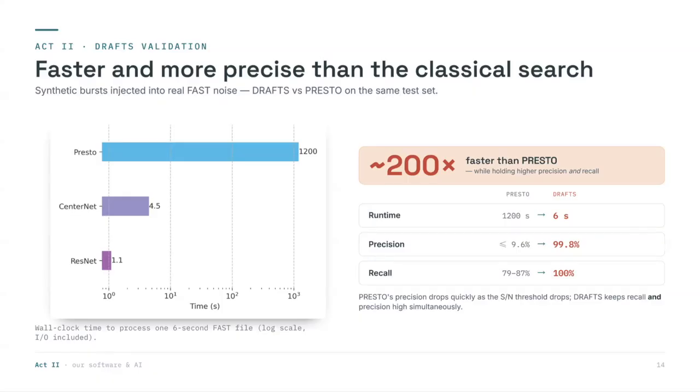For recall, PRESTO is between 79 and 87%, and DRAFTS reaches nearly 100%. So this is exactly what a survey needs: speed, completeness, and a manageable candidate list.